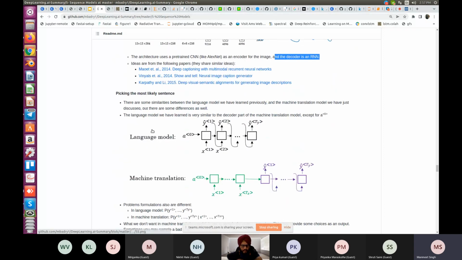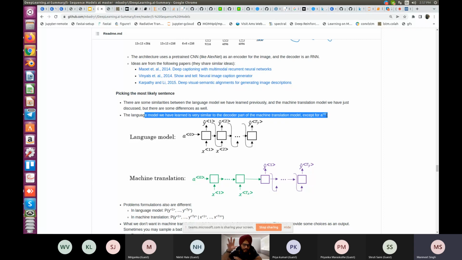So these are the papers which discuss that. And there are some similarities between the language model we have learned before and the machine translation model that we have discussed. Machine translation is basically translating from one language to the other using machines, but there are some differences. For example, the language model we have learned is very similar to the decoder part of machine translation.